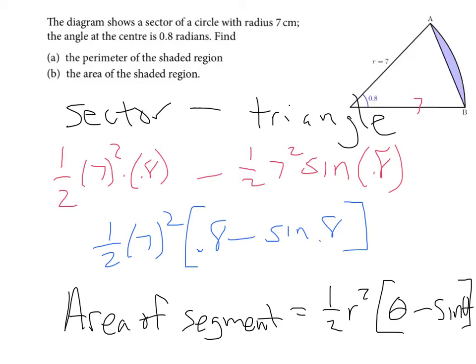Now, is this something that's in the formula packet? No. Is it worth memorizing? Probably not. But it's useful to notice that we can do this, and what I would say is this idea here, that's something we all should be able to do. So with that in mind, let's jump to the second example.